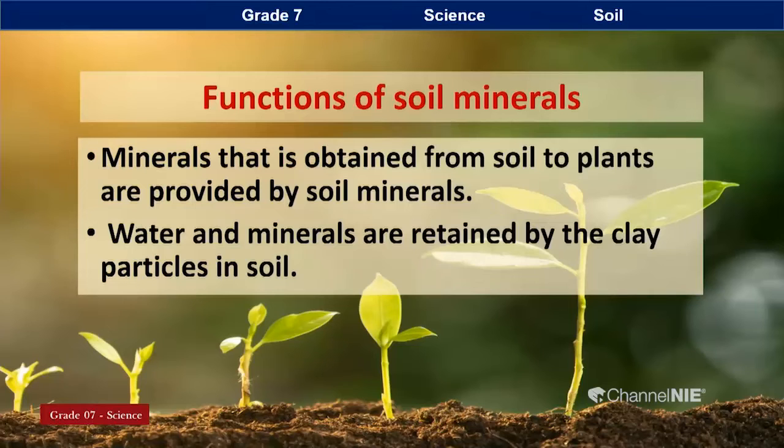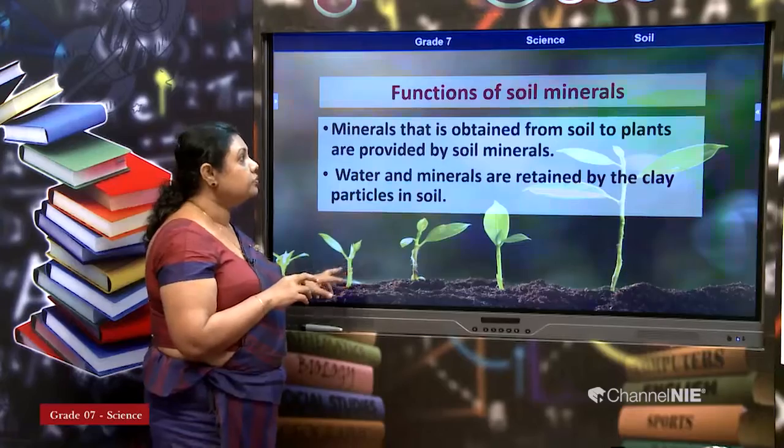So, with the help of loamy soil, with the help of the organic matter decayed there, definitely, and if it can retain air and water also, it helps plants to grow very well. So, soil minerals are always there to give nutrients for the plants. At the same time, the water retained there will give moisture to the plant.